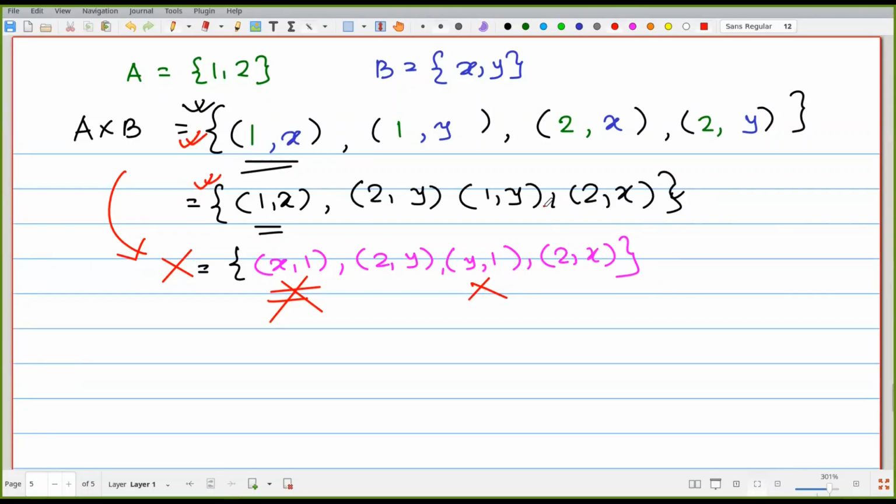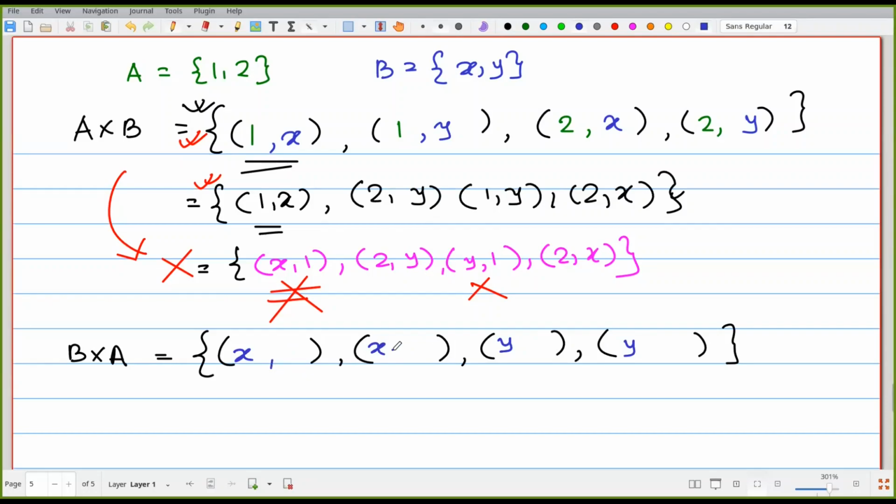But those others are true, no problem. Same as, suppose we have B cross A. So B's elements must be first. So here we can write x comma 1, x comma 2, y comma 1, y comma 2.